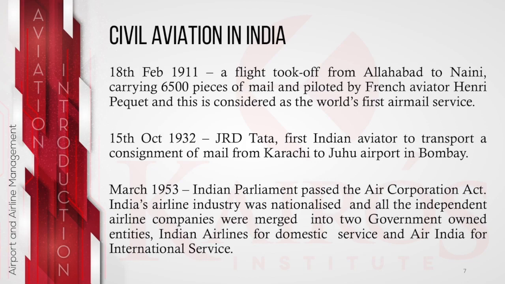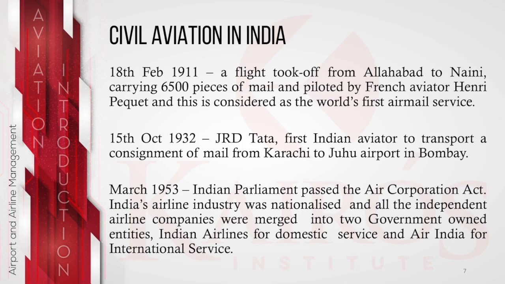Nothing serious happened with the Indian civil aviation industry for a period of over 20 years. On 15th October 1932, J.R.D. Tata flew a consignment of mail from Karachi in Pakistan to Juhu Airport in Bombay. In March 1953, the Indian Parliament passed the Air Corporation Act.